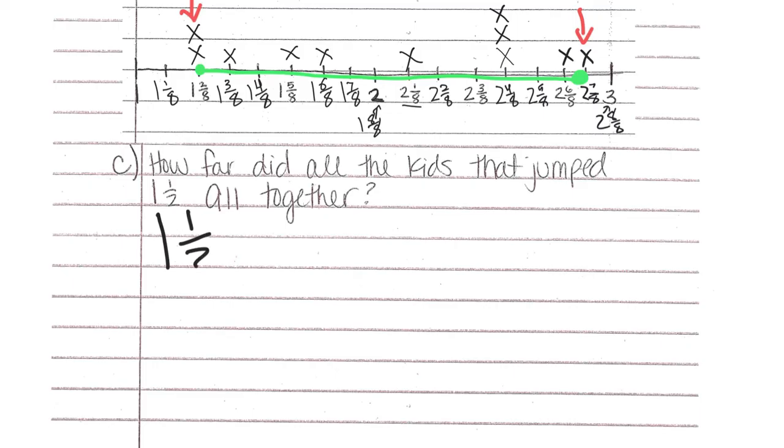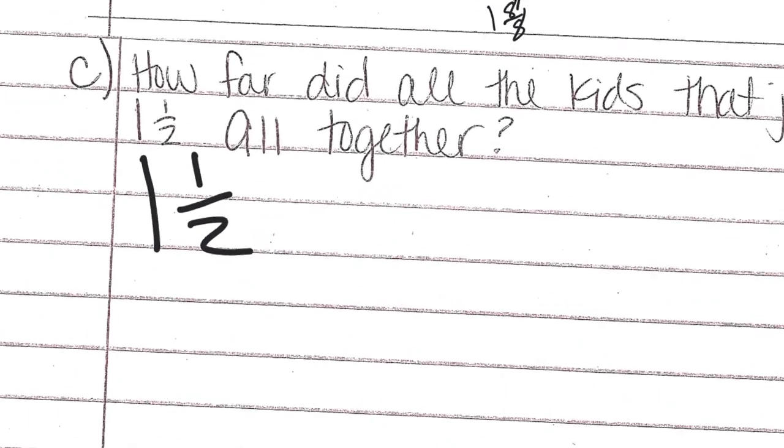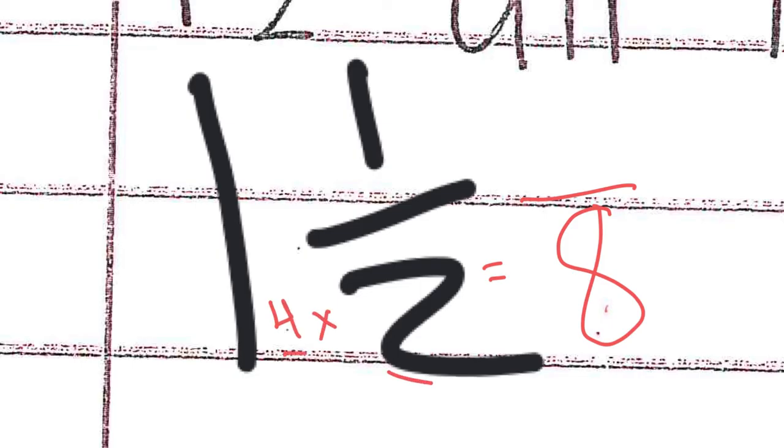So here's 1.5, and I'm going to come in nice and tight just for a second, so that we can point out that our goal is to figure out how to make that bottom number an 8, okay? How do I turn a 2 into an 8? Well, I'm going to take it times 4. 4 times 2 is 8. And we cannot change the bottom number without changing the top, and it has to be the same.